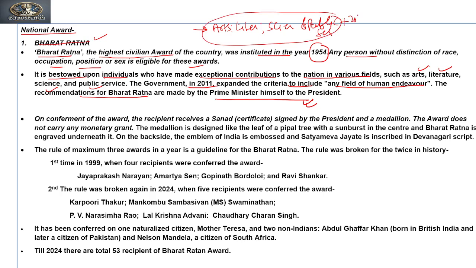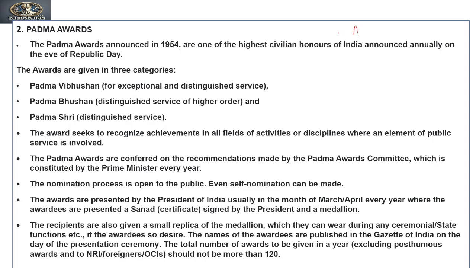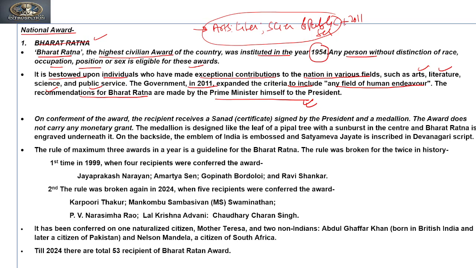In 2011, a new field was added, that is, any field of human endeavor. By adding this, Sachin Tendulkar was awarded a Bharat Ratna under this category. And recommendations are made by the Prime Minister to the President.